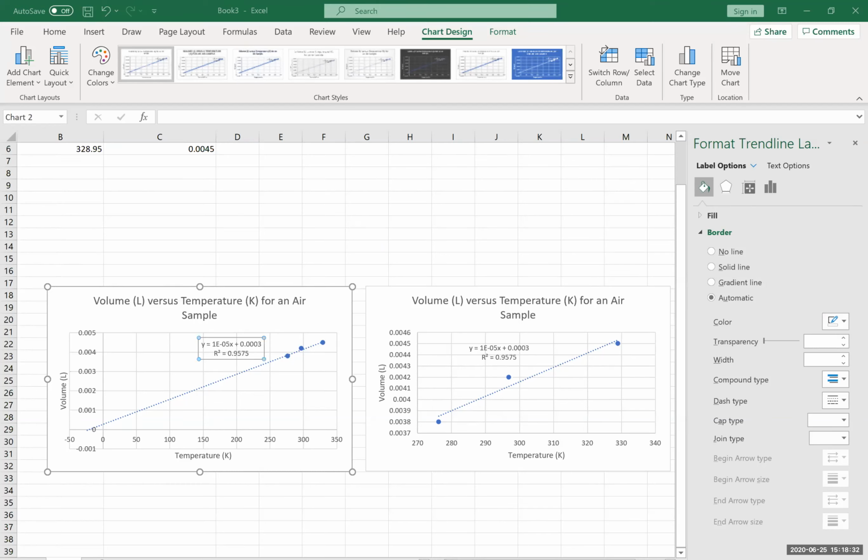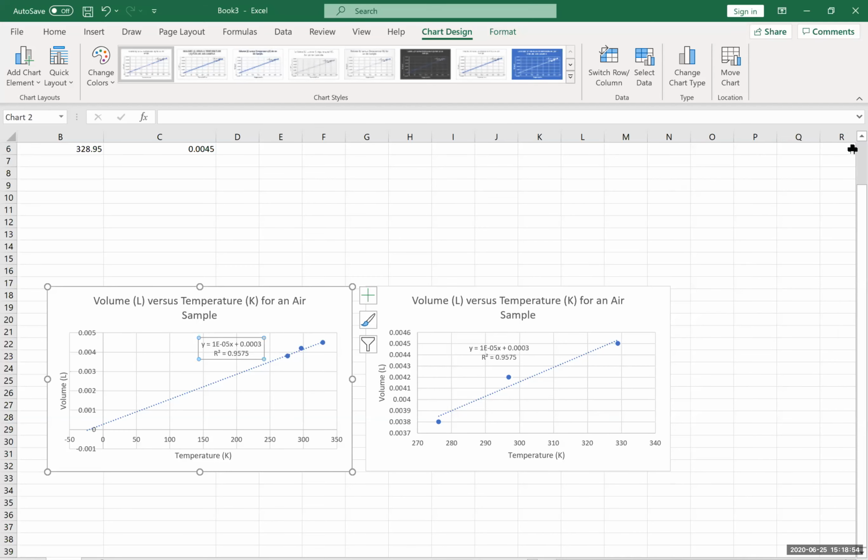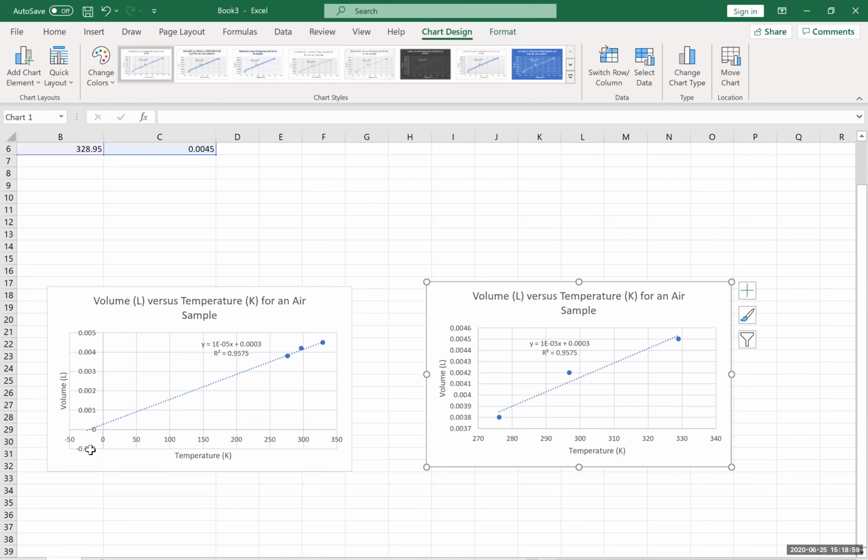Now, what can we do with this information? Well, we're going to figure out the temperature at which our line intercepts the x-axis. Note that condensing something down to 0 volume doesn't actually make any physical sense, and this Charles' law falls apart very quickly at very low temperatures because you start to condense your gas.